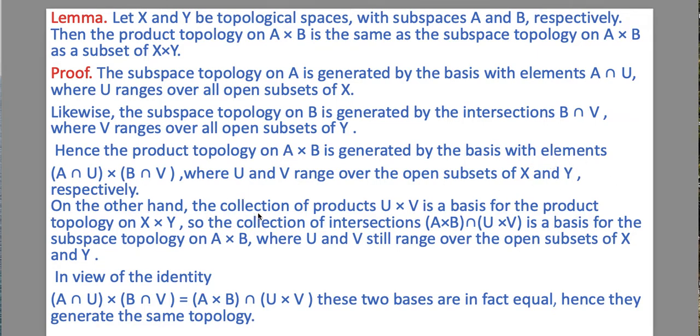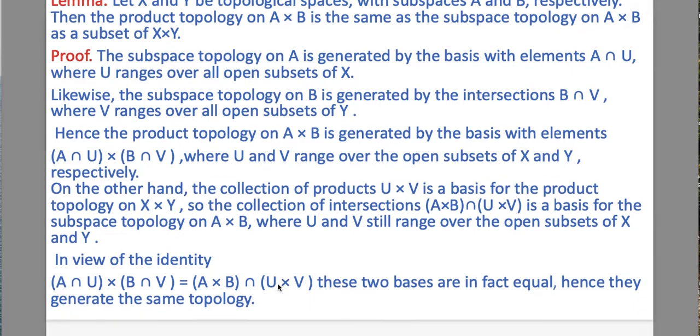On the other hand, the collection of products U cross V is a basis for the product topology on X cross Y. So the collection of intersections A cross B intersection U cross V is a basis for the subspace topology on A cross B, where U and V still range over open subsets of X and Y. So A intersection U cross B intersection V can be written as A cross B intersection U cross V. These two bases are in fact equal, hence they generate the same topology.